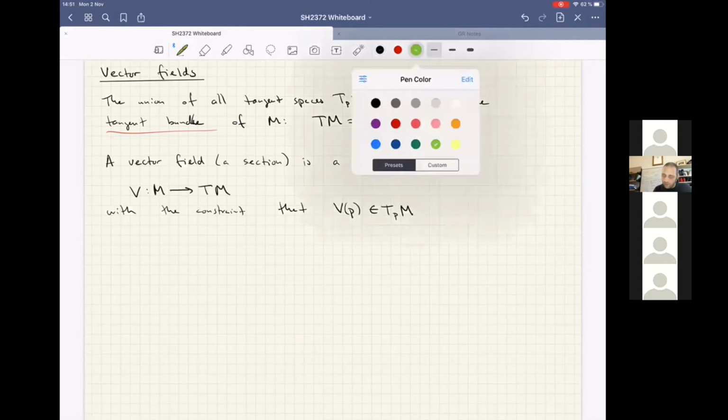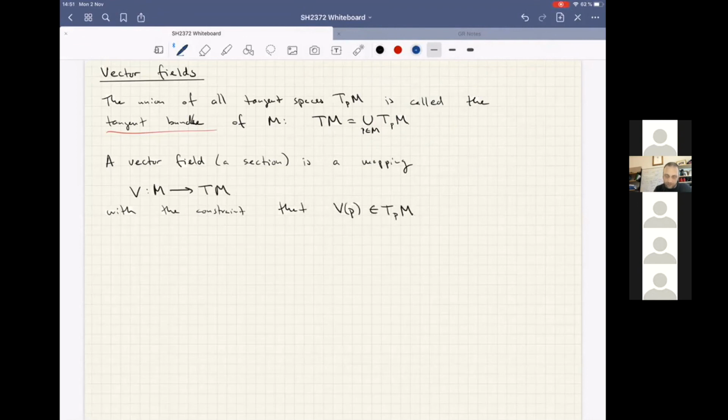So an example of a vector field would just be if I take a vector and I call it X, and it's equal to x dx plus y dy, with the partial derivatives here understood to be the partial derivatives at the point xy. So this would just be the position vector in Euclidean space.